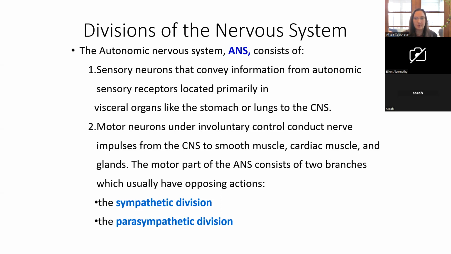So if there's perceived danger in your environment, something scary is happening, then you'll have increased sympathetic activity or that fight or flight response. The opposite of that is parasympathetic. Parasympathetic, you might hear it referred to as rest and digest. It's more of your calmer side of the nervous system that's telling your body that everything's okay and we can just sit down and have a meal or just relax.